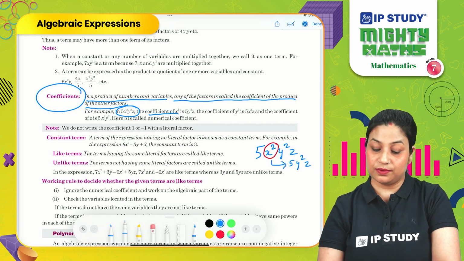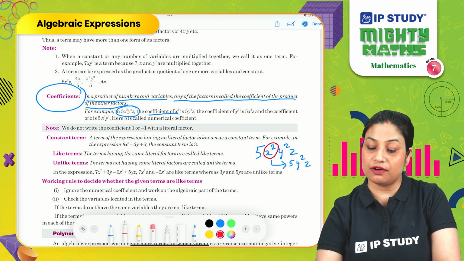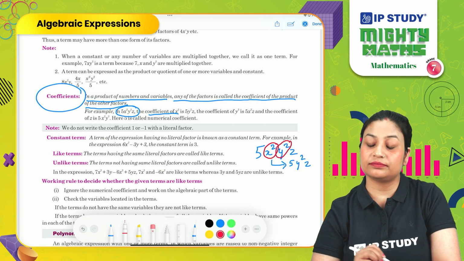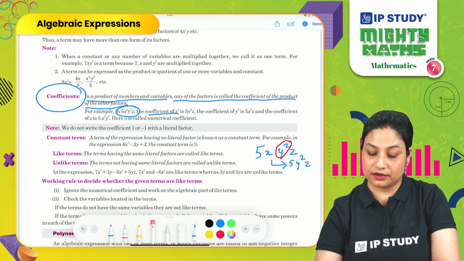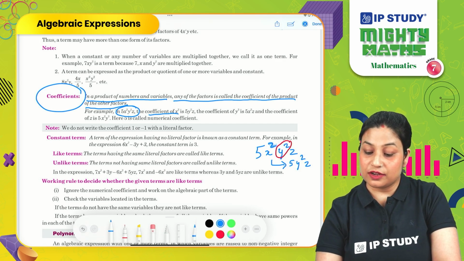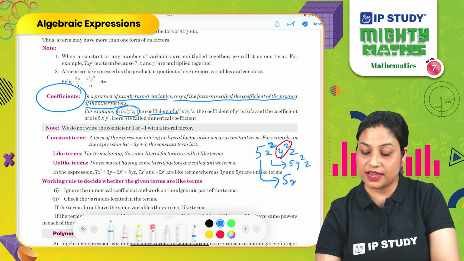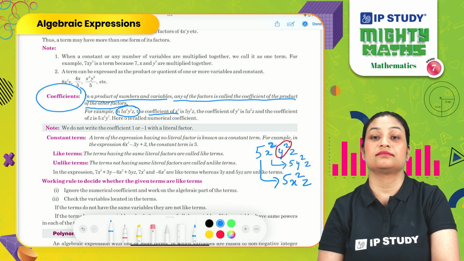If I ask you what is the coefficient of y square, so what will you write? The coefficient of y square will be 5x square z, right?